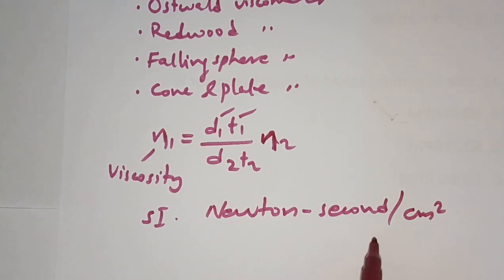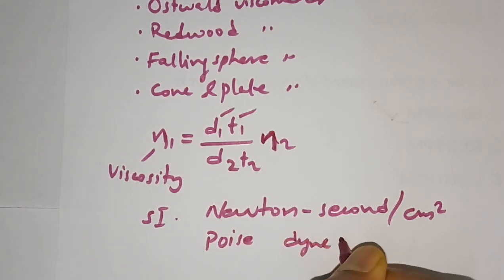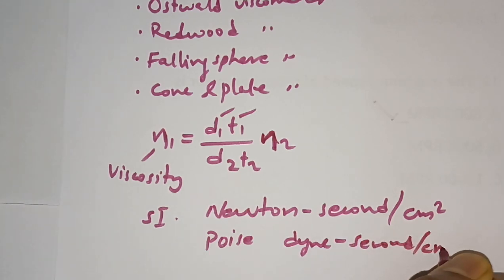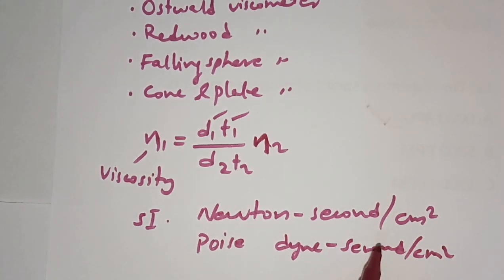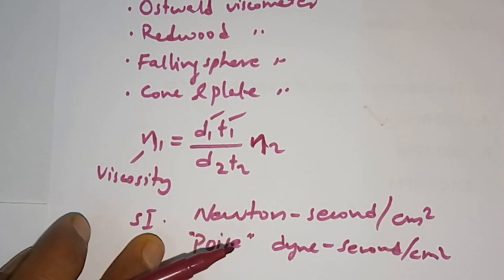Or sometimes it will say poise. Poise is actually the CGS system unit, or dyne second per centimeter square. Okay, poise, all are viscosity related units.